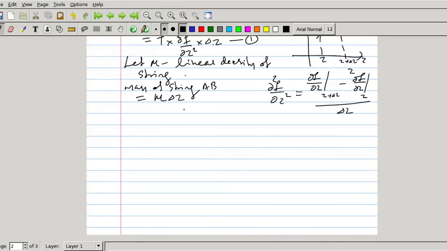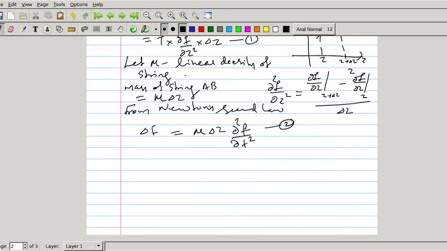Now we take Newton's second law. From Newton's second law of motion, the force delta F equals mass, mu delta Z, into acceleration. Acceleration is dou square y by dou t square. Here it is dou square F by dou t square. So this is equation number 2.